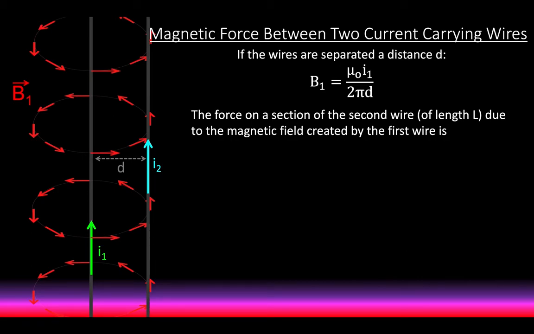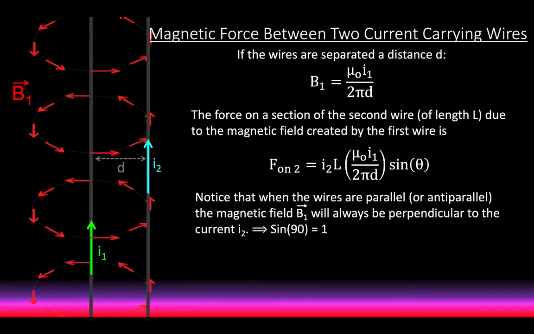The force on a section of wire due to the magnetic field created by the first wire is then going to be I2 times L times B1, where for B1, we take this equation and just plug it in right there, times the sine of theta. Now notice that when the wires are parallel, the magnetic field is always going to be perpendicular to the current. The magnetic field in this case, as I said, points into the computer screen.